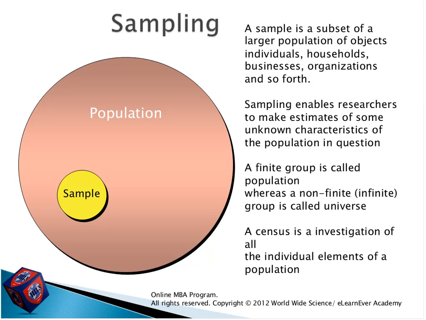So sampling enables researcher to make estimate of some unknown characteristic of the population in question. So when you choose the sample, why? Because this sample has some characteristic, some behavior of the population, and then this sample can help you to answer the question of your research, okay? So again, when you want to do the sampling, we should focus on our research question, like other parts of the research, that always we should focus on our research question.